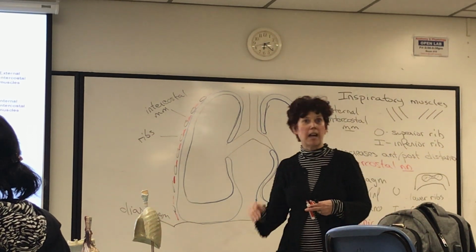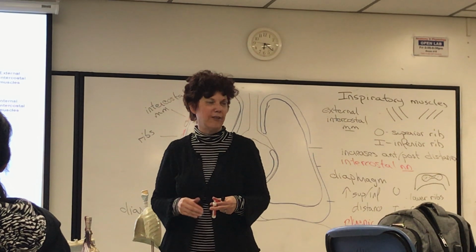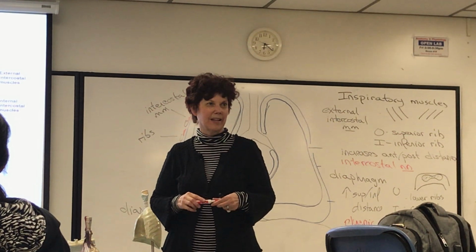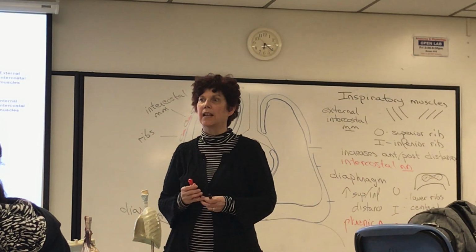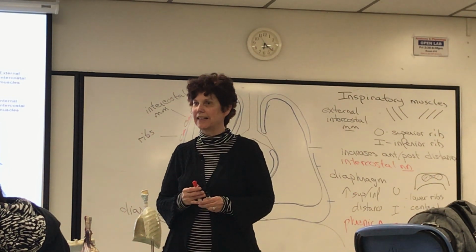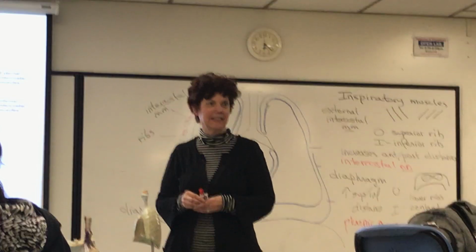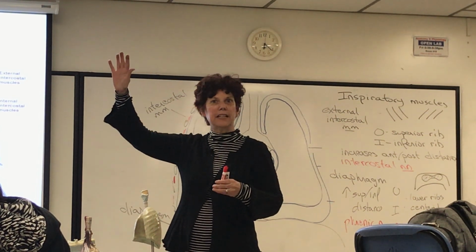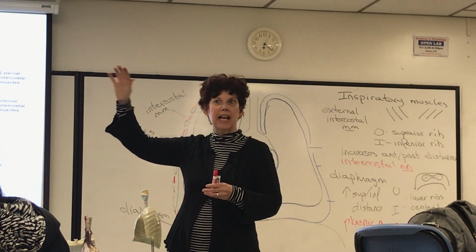Let me change that. Is it autonomic? Is it general visceral efferent or general somatic efferent neurons? Are we using sympathetic and parasympathetic, or are we using voluntary neurons? So, voluntary or involuntary? How many for involuntary? Involuntary? Okay. How many for voluntary?